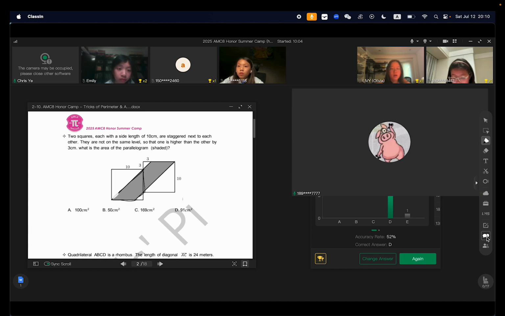So I first halved the area of one of the squares, 100 divided by 2, which is 50, and then minus the bottom triangle bit, which has an area of 4.5. If you minus that, you get 45.5, and you just times that by 2, which is 91.